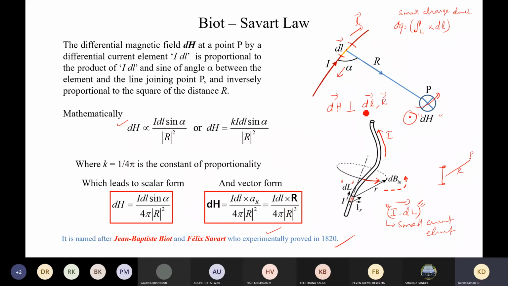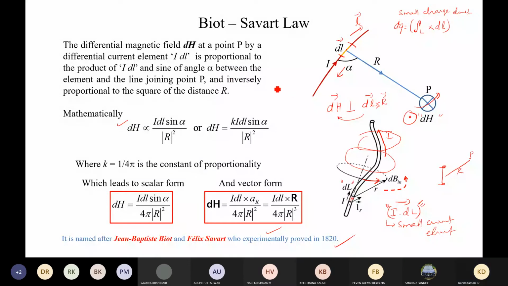There is only one possibility: when we take the cross product of these two, we get this perpendicular vector. So whenever a current is flowing in a particular line vector, just around it you will have the magnetic field. That is how we can describe the magnetic field.